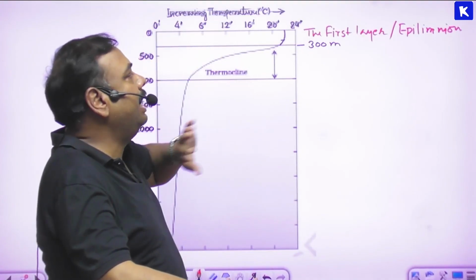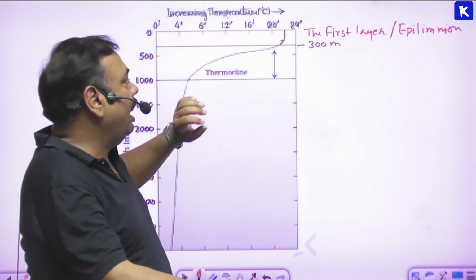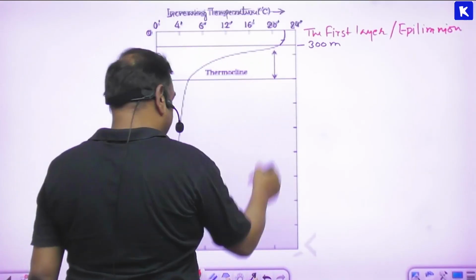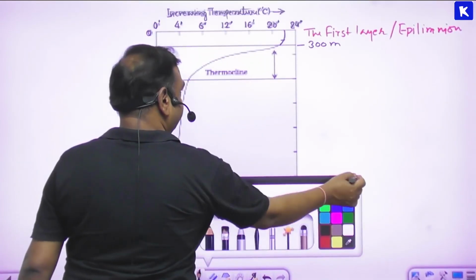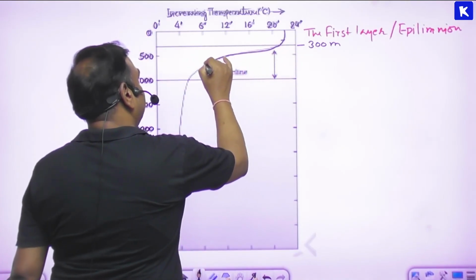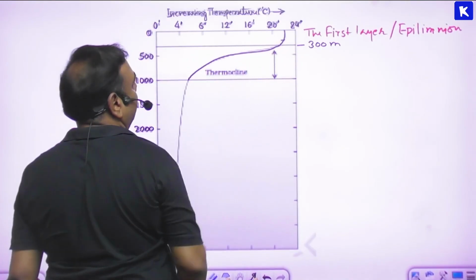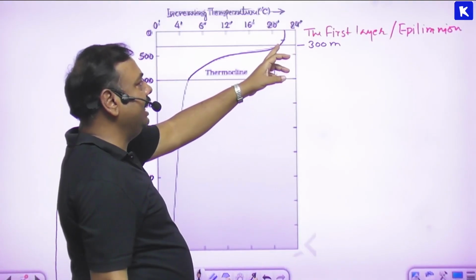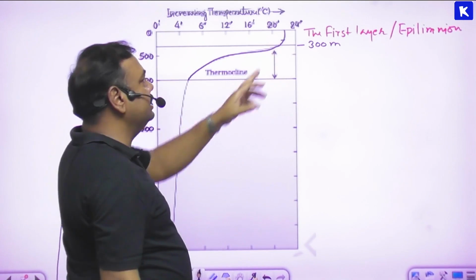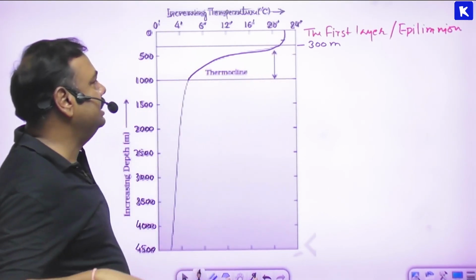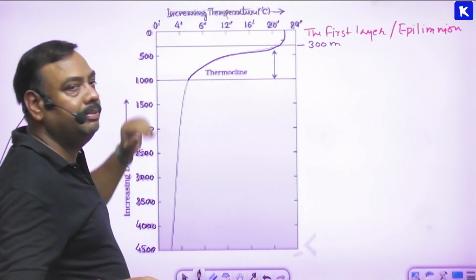Then what happened? After the depth of 300 meters, you can see that the temperature decreases. Temperature is decreasing at a very rapid rate. Now after the depth of 300 meters, if we take the temperature around 21 degrees Celsius, it comes down to around 4 degrees Celsius at the depth of 1000 meters.